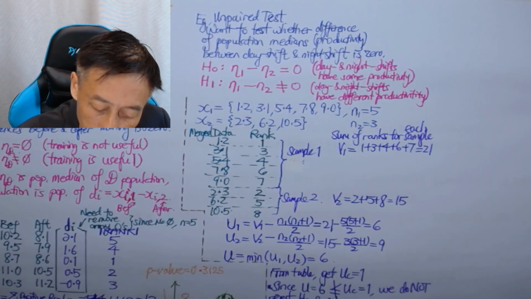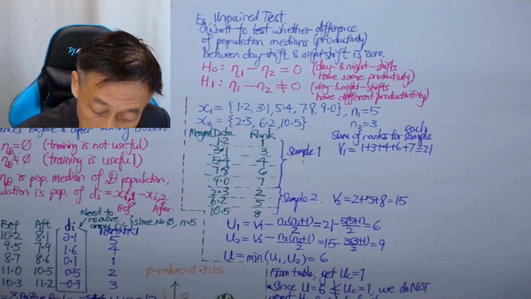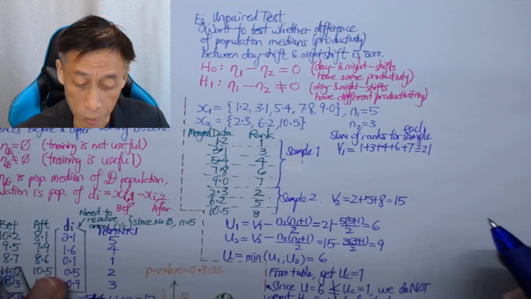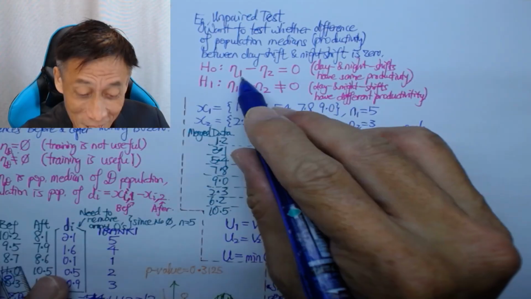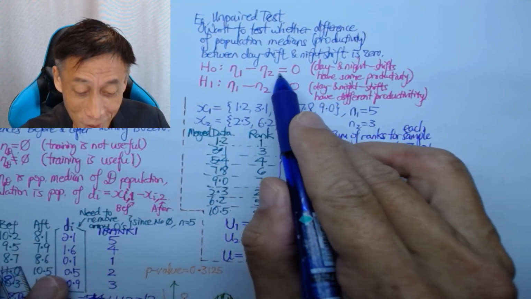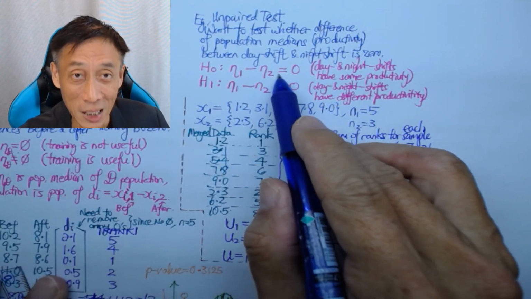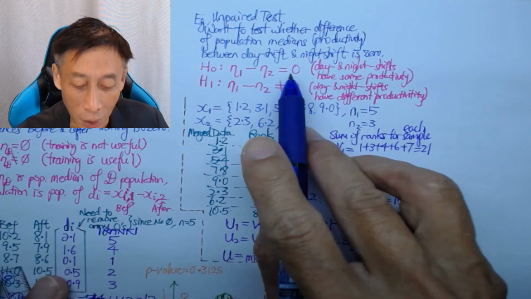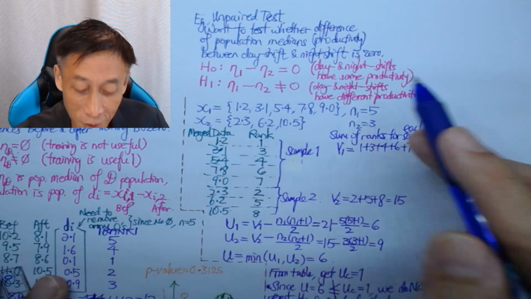And we conclude that since we do not reject H naught, we look at H naught and say what it says in English, preferably not mathematically, because the whole point is to solve problems. So don't keep it very cryptic. Just say day and night shifts have the same productivity.